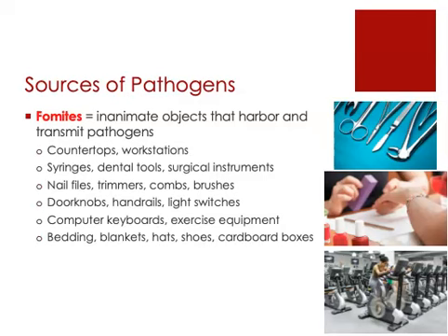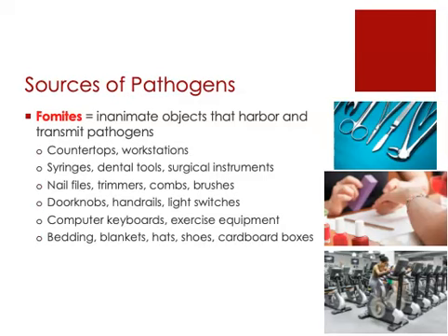There are other things that help spread pathogens that are not alive, though, and those are called fomites. So while vectors are living things that carry and transmit pathogens, fomites are inanimate objects that harbor and then transmit pathogens.